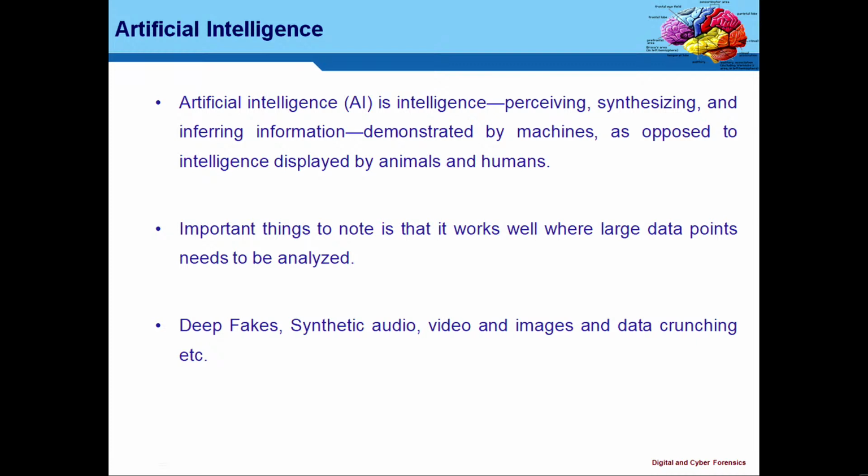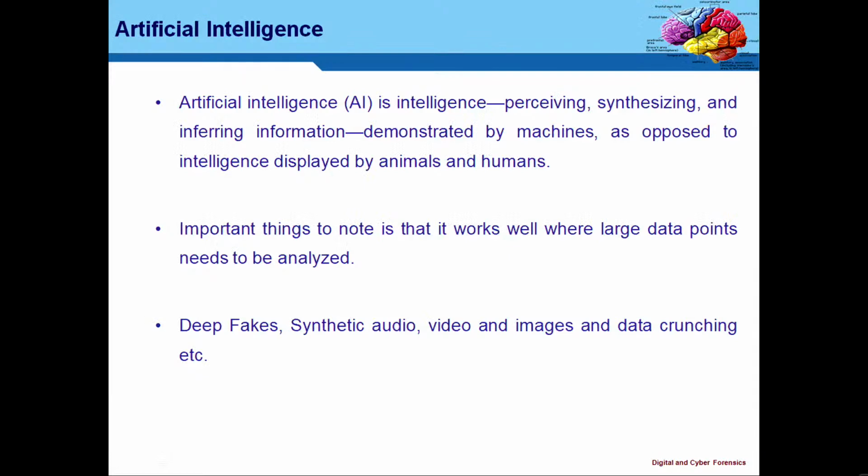This is possible today because we have extremely fast computing hardware, and we have a large amount of information which we can process using these computers on the fly. So we can understand large amounts of data and make meaningful decisions using this data crunching, which was otherwise not possible.